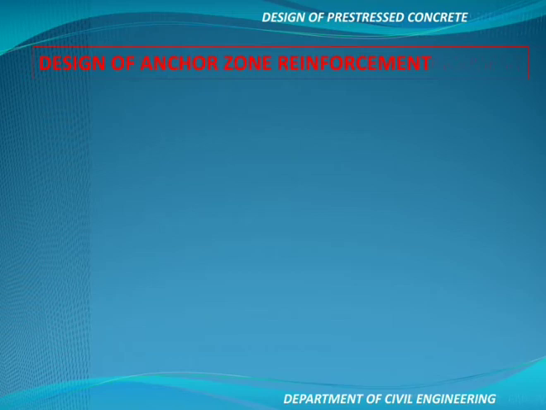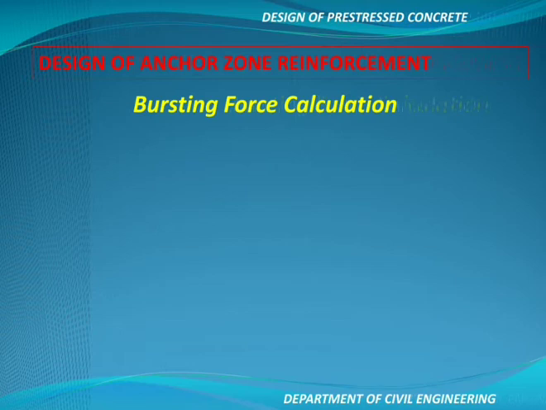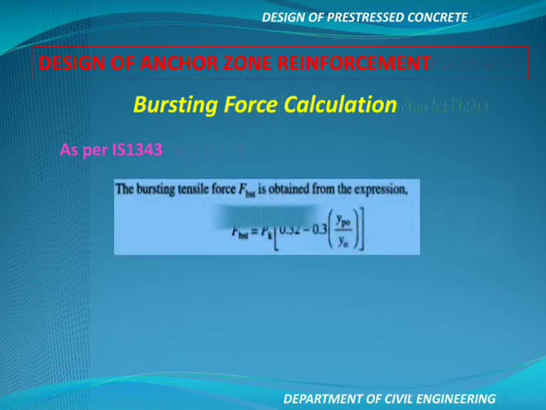Design of anchor zone reinforcement. First is bursting force calculation. Again, I am repeating, the steps are very simple and remain the same for the maximum of the examples. So here, as per IS 1343, we have the relationship. The bursting tensile force is given by F bursting is equal to Pk into bracket 0.32 minus 0.3 multiplied by Yp naught divided by Y naught.